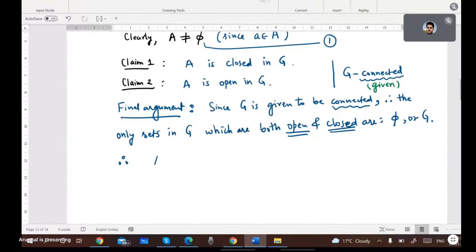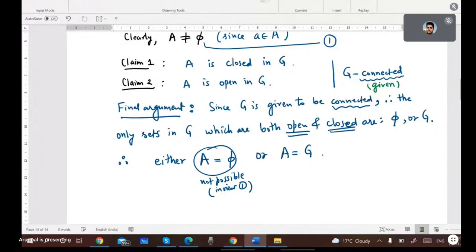So therefore, either A should be empty or A should be G. But point number 1 says what? This is not possible in view of A being non-empty. Because A is non-empty, it means A is G. Is this okay?